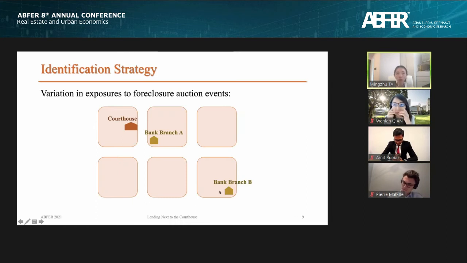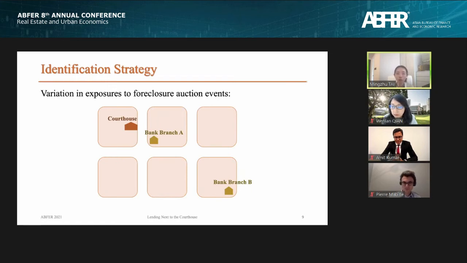As a result, we can compare the loan officers' lending decisions in these 2 bank branches and see whether there are any differences. The idea is that both of these 2 bank branches are located in the same county and even in the same small neighborhood, so their fundamentals, what they're experiencing in terms of the local housing market, should be the same.